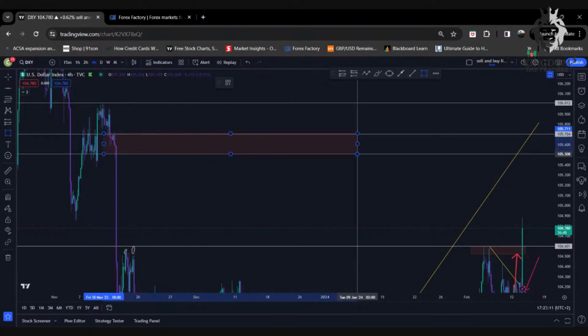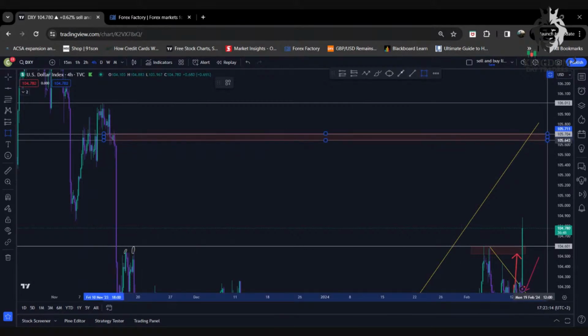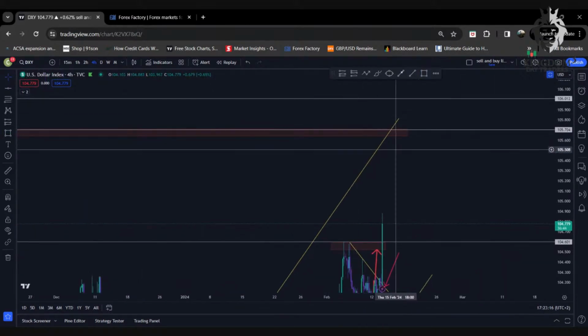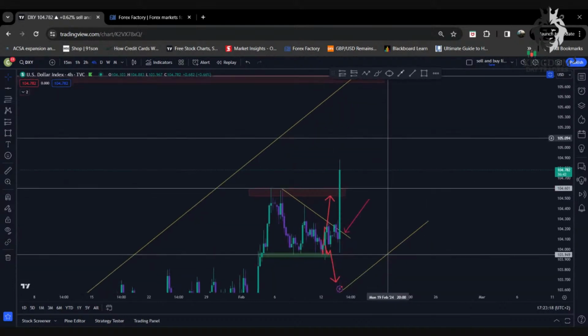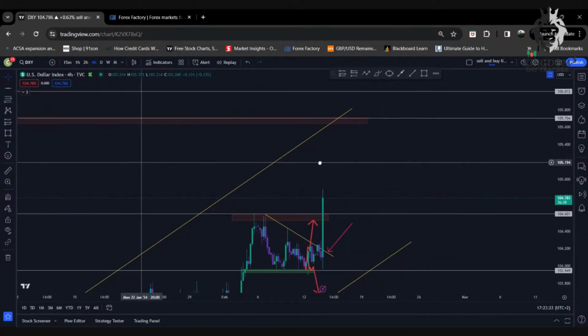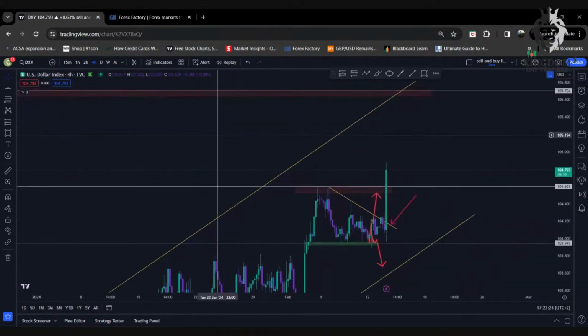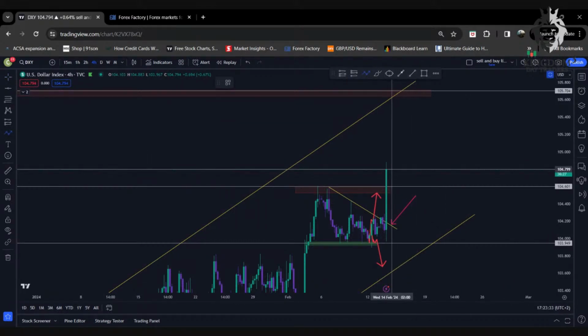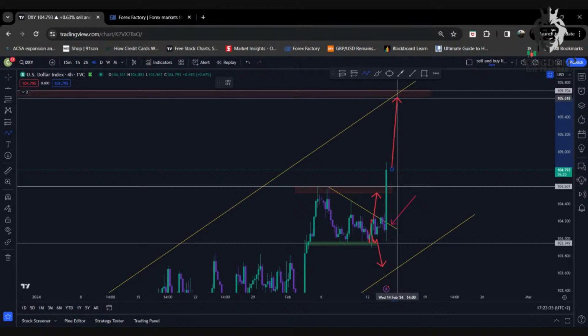And so that is happening. Price action will more or less go long and try to reach that next opposing supply zone.